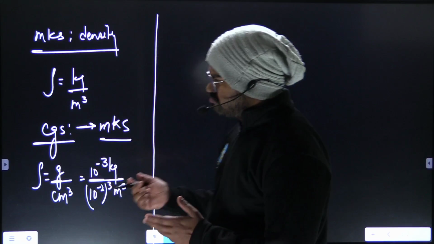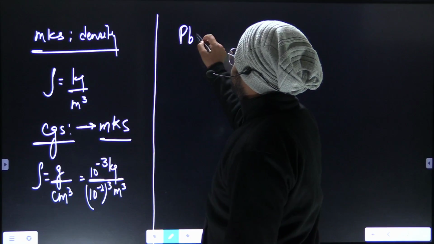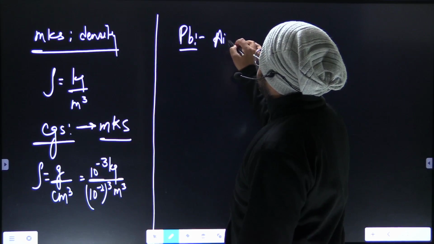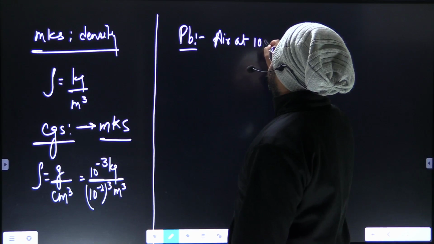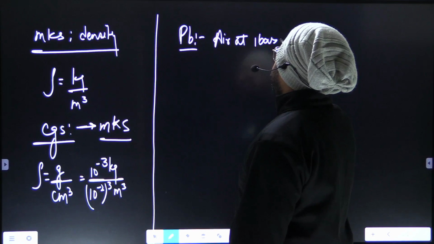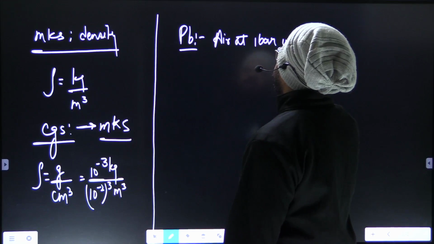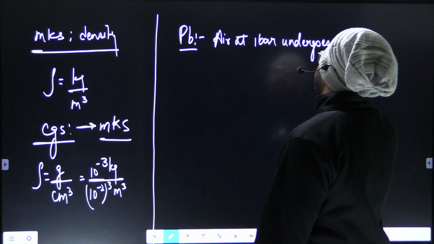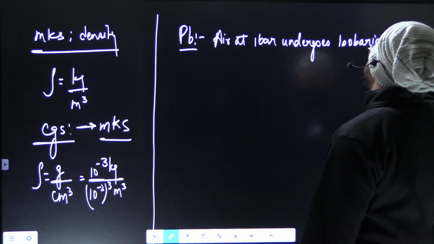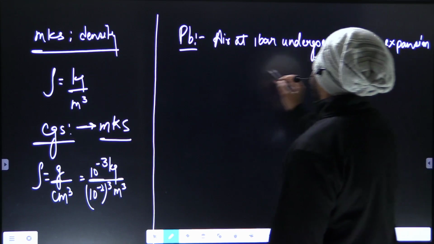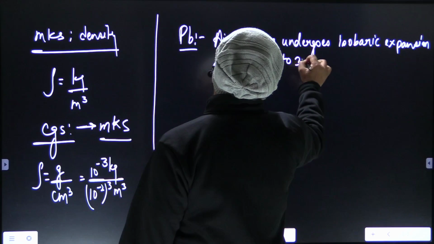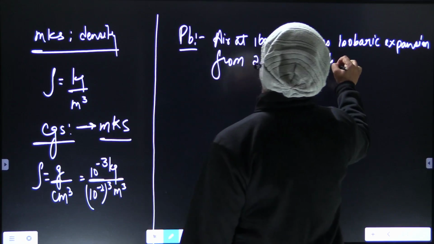Okay? Let's deal with the question. A very simple problem. Air at 100 kilopascal, or let's say 1 bar, undergoes isobaric expansion from 2 meter cube to 3 meter cube.